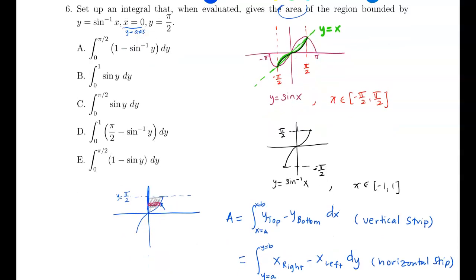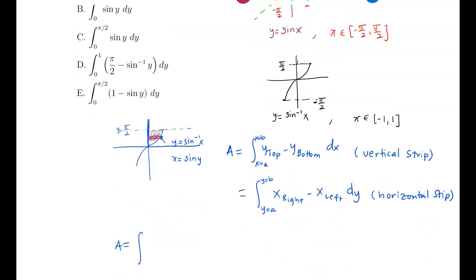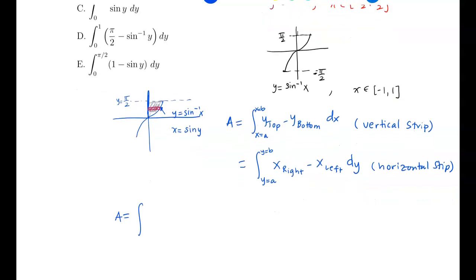If y equals sine inverse of x, that means x is just equal to sine y. So x at the right is just sine y, minus x at the left. x at the left is the y-axis, so that is just 0.